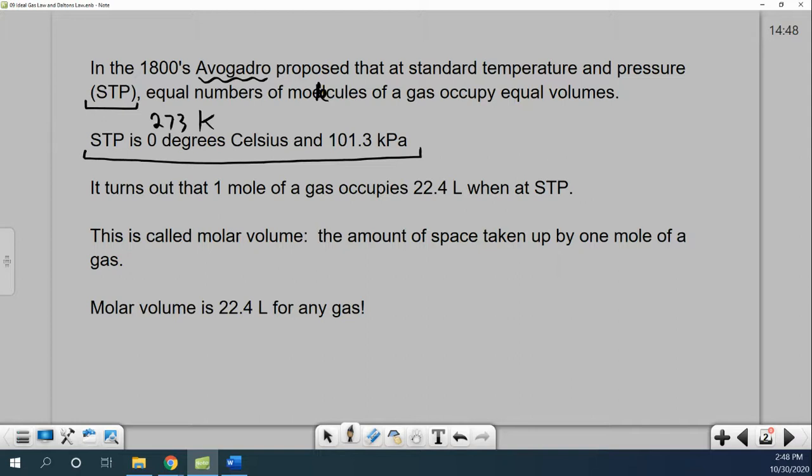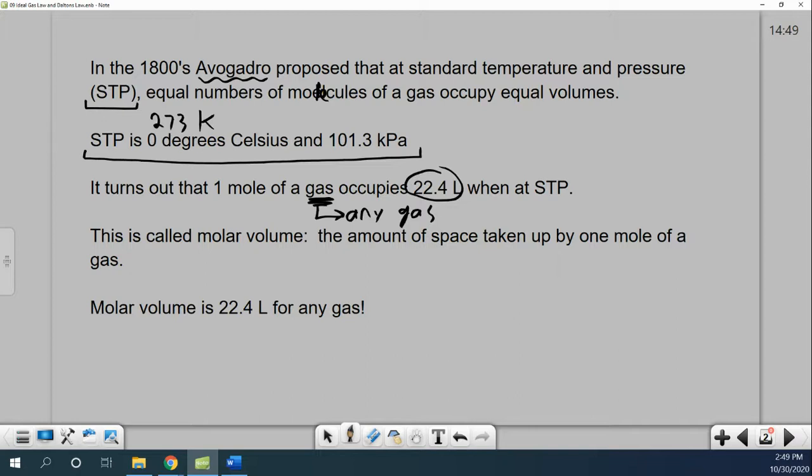Now, he did some measurements, and it turns out that 1 mole of a gas, and this is not just a gas, this is any gas that is acting in what we call an ideal fashion, so any gas that acts regularly, will take up exactly 22.4 liters at standard temperature and pressure. Every single gas, every single time, 22.4 liters if you have 1 mole of it.